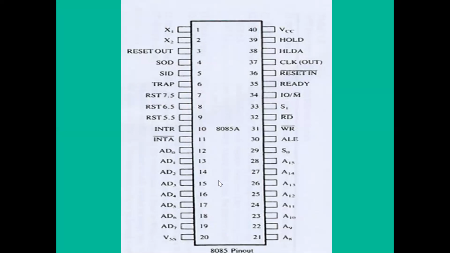So to reduce the pin numbers, some pins are used for dual purpose operation, like these 8 pins starting from AD0. That's why it is AD0: address and data both will be transferred using the same line but at different times.